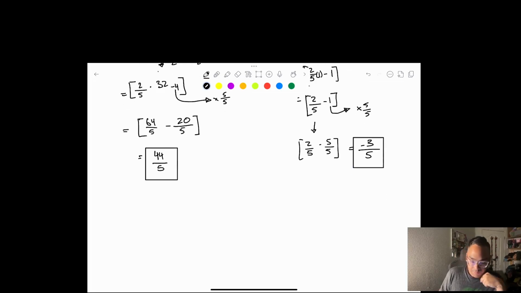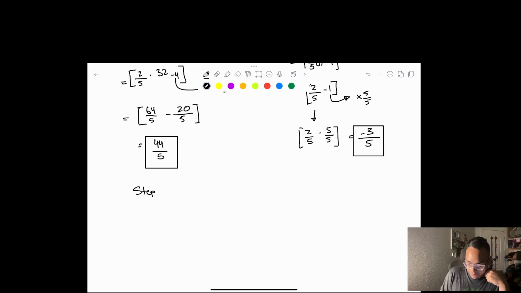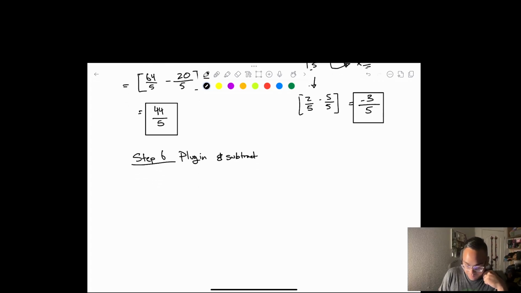Okay. Step 6, we plug in our answers and subtract. So basically, if you remember from our big giant formula, we're going to get 2 pi, it's going to be 44 over 5 bracket minus negative 3 over 5.